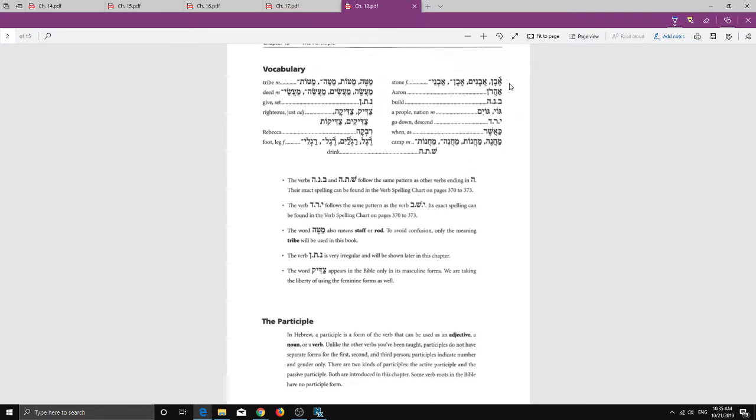All right, well let's go through our vocabulary next. First we have Evan, Avanim, Evan, Avne, which means stone. This word is used in the name Ebenezer. So Evan means stone, Ezer means helper.